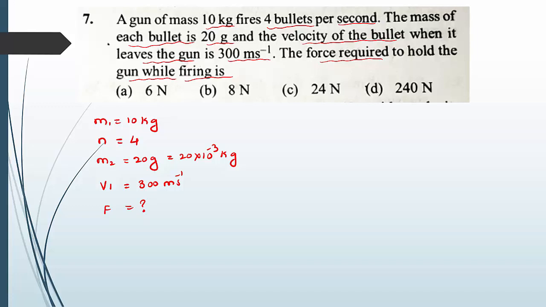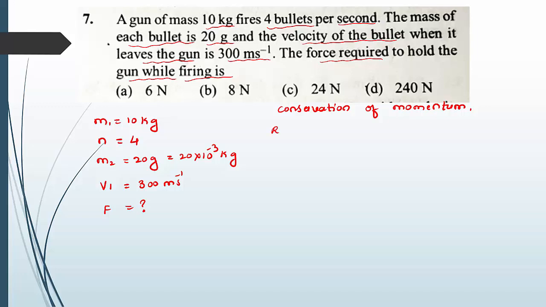So here I am going to use law of conservation of linear momentum. Law of conservation of linear momentum equation we can use here. We can consider rate of change of momentum of the bullet in forward direction. When we fire the bullet starts to move in forward direction.